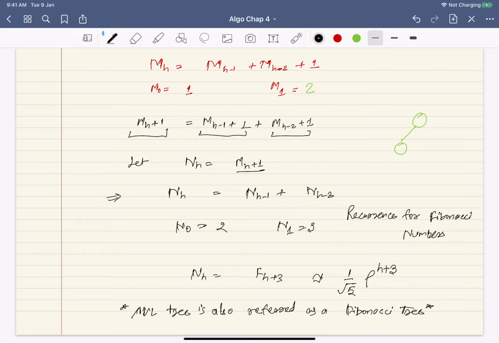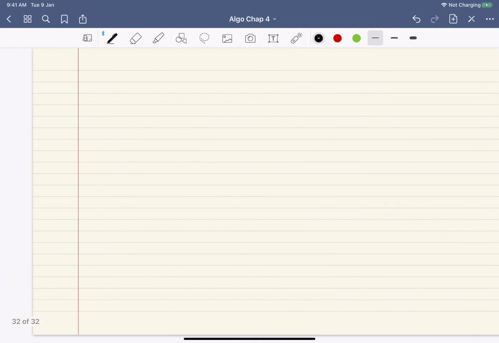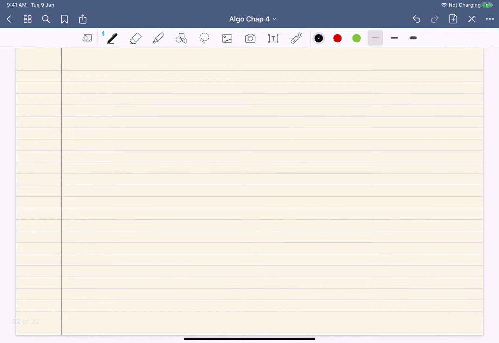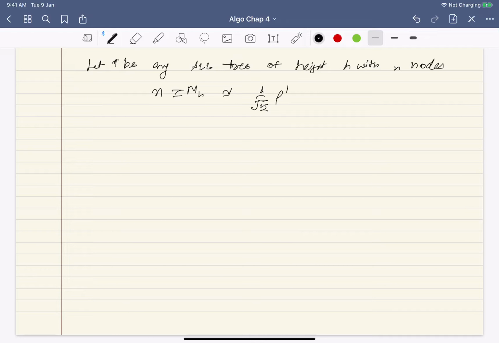Now let's recapitulate what we have done. Let T be any AVL tree of height h with n nodes. So what do we know? The number of nodes is greater than or equal to mh. I already found the minimum possible nodes, and that is 1 by root 5 rho to the power h plus 3, minus 1.